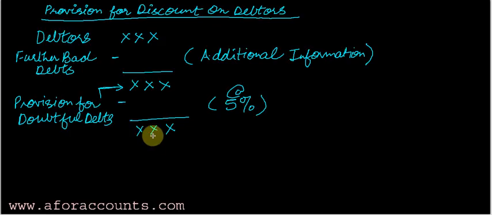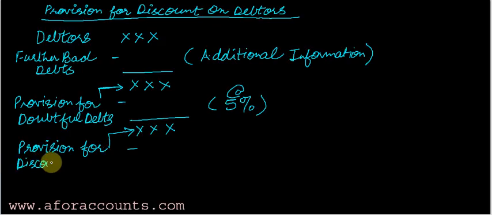Now after subtracting provision for doubtful debts, you have another figure, and if in the question you also have provision for discount on debtors, then on this amount you need to calculate provision for discount on debtors.